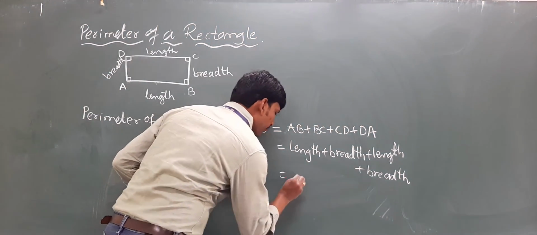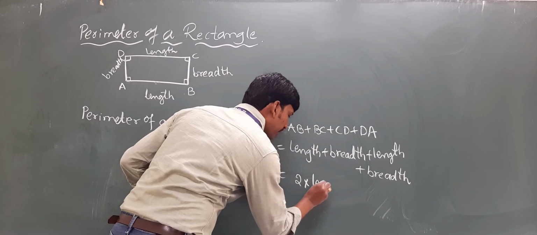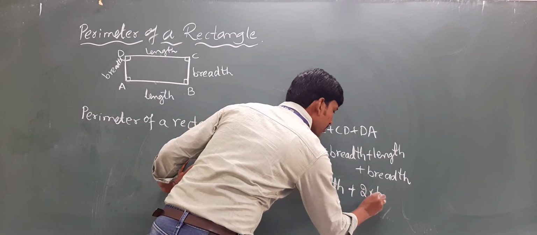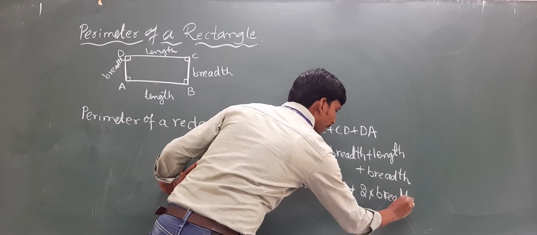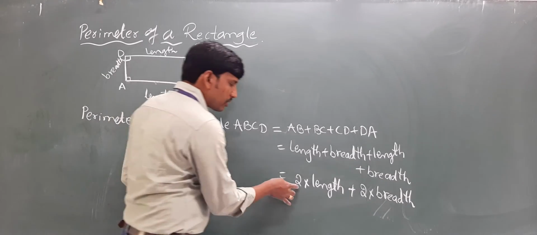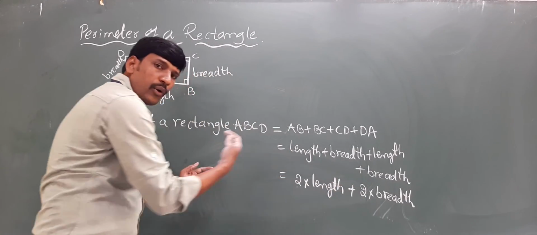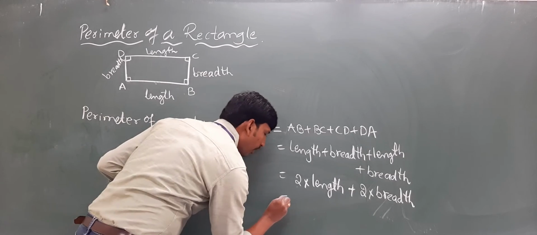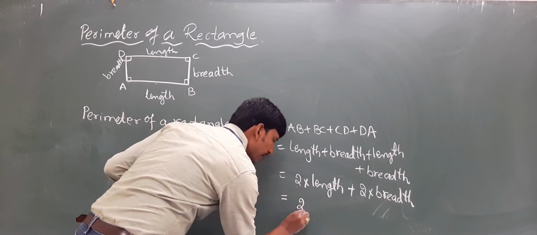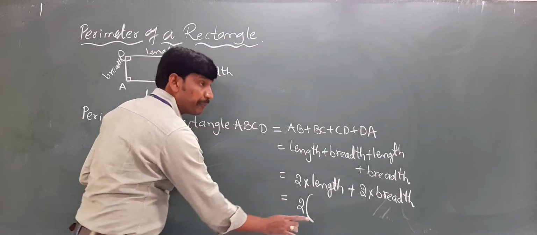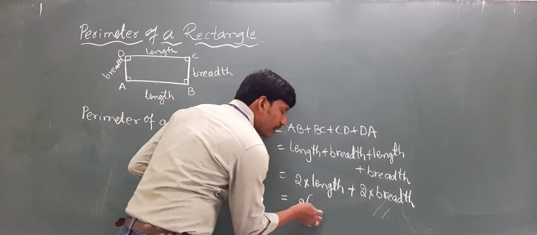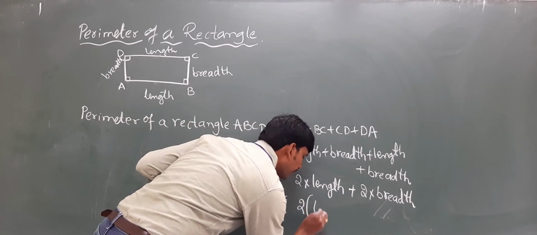So this implies 2 into length plus 2 into breadth, because length is repeated 2 times, and breadth is also repeated 2 times. Now here also 2, here also 2, so take 2 out common. Listen carefully. When you are taking 2 common outside, keep the bracket compulsory. This is very important. Keep the bracket, and in the bracket what are you going to write?